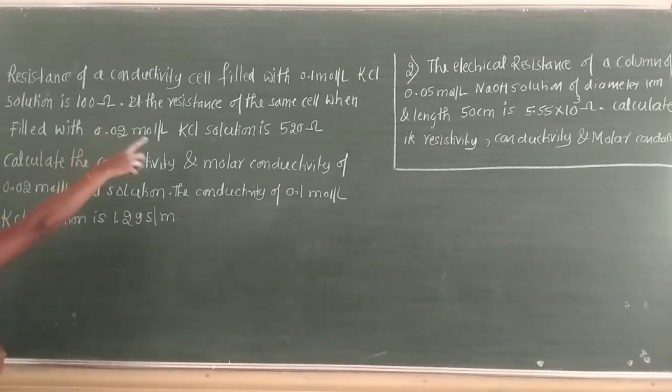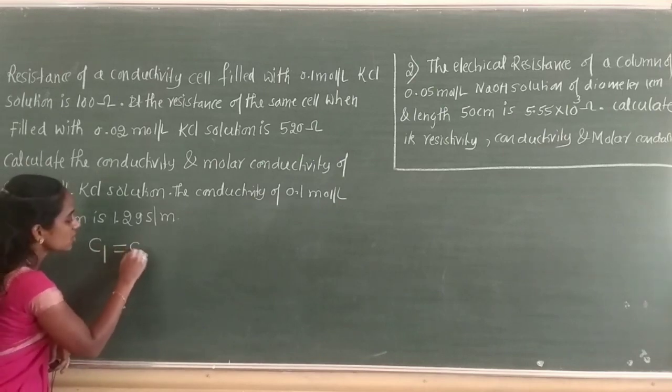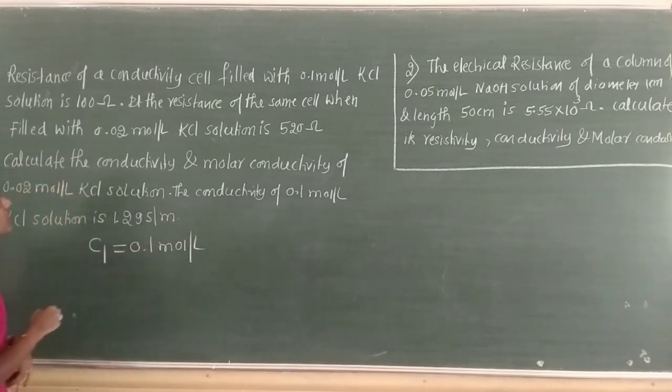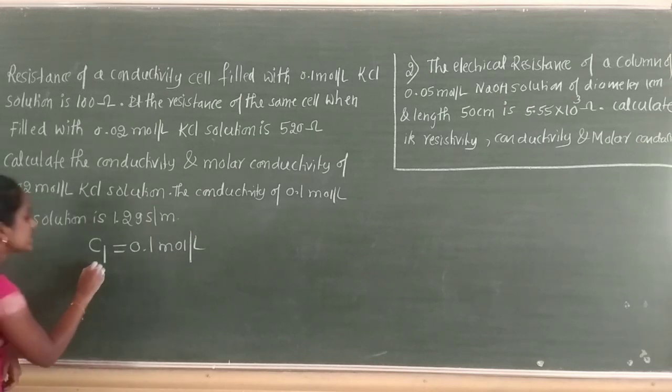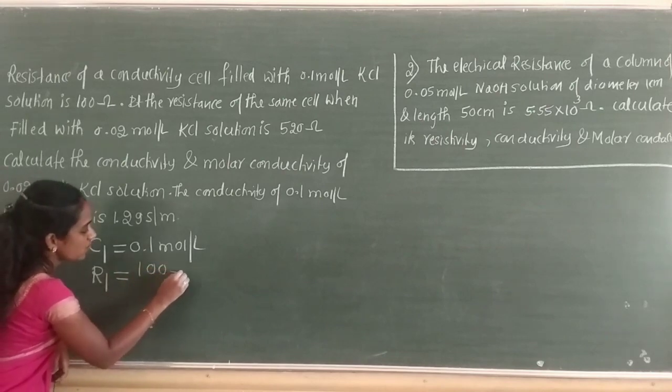Now we have two solutions, isn't it? The first is potassium chloride solution with concentration C1, which is 0.1 mole per liter, and the resistance of that particular solution R1 is 100 ohms.